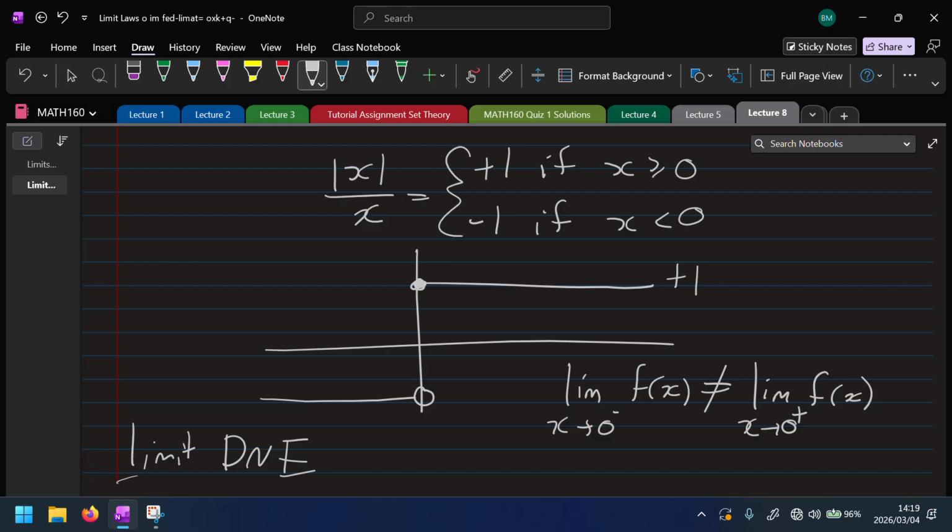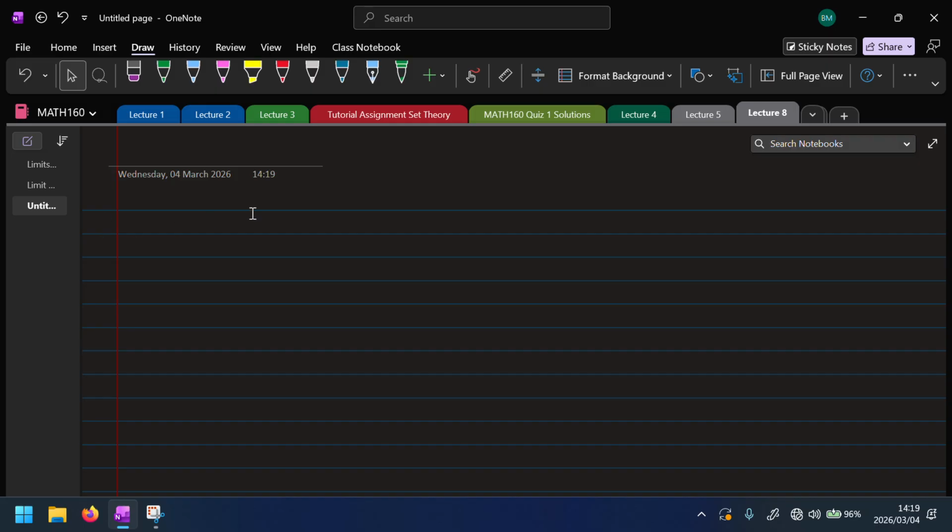All good. Okay, last thing for today, the squeeze theorem. Also known as the sandwich theorem, depending on where you're looking. In the Stewart textbook and the lecture notes we're writing now, we're going to call it the squeeze theorem. If you look on Wikipedia and some other YouTube channels, you'll see it as the sandwich theorem.